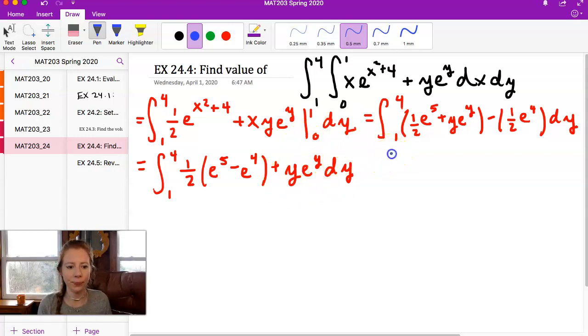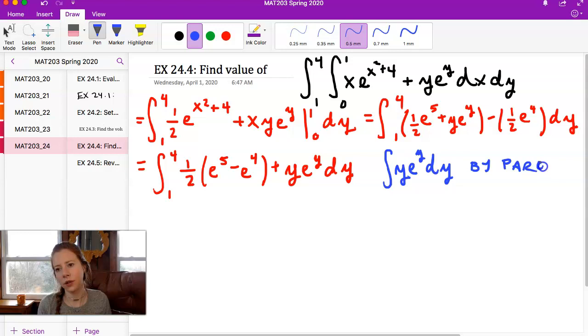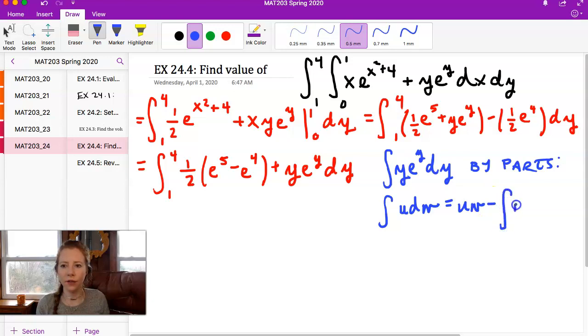So it's going to be the integral of y e to the y dy by parts. Okay, and so to integrate by parts, it's going to be the integral of u dv is equal to u times v minus the integral of v du.